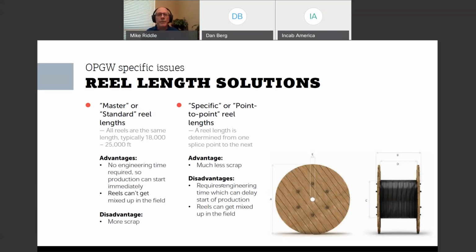The big advantage of that approach is that you don't scrap a lot of cable when you do that. But the disadvantages are that you've got to figure out those reel lengths, and that can delay production. And also there is the possibility that the crew could grab the wrong reel to string from tower 1 to 10, leaving a problem later on.